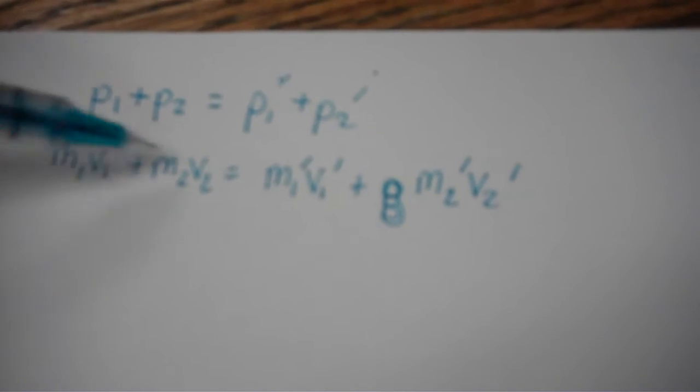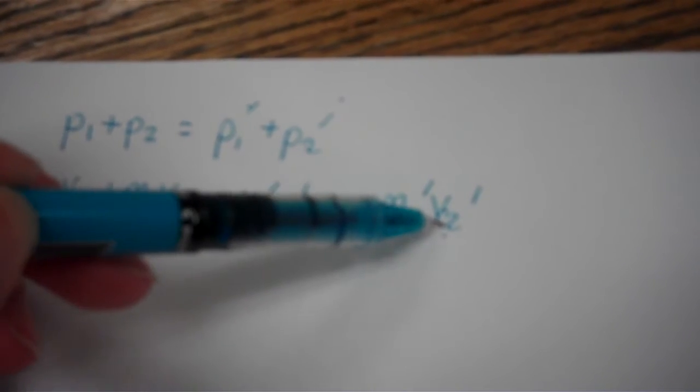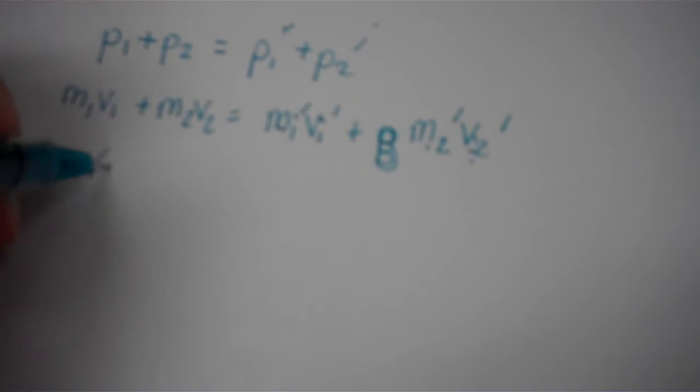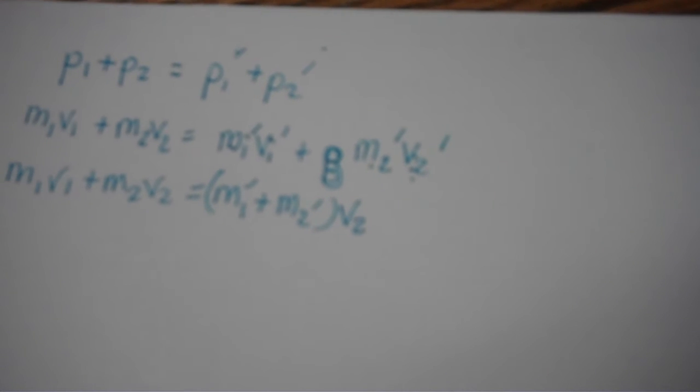So we go from two objects down to one object. And they're going to have the same velocity, but what's going to happen to their mass? We're just going to have to add their masses together. So we have m1v1 plus m2v2 is equal to the mass of the first object plus the mass of the second object prime times the velocity of the object. We're just going to call it a 2, make things easy.